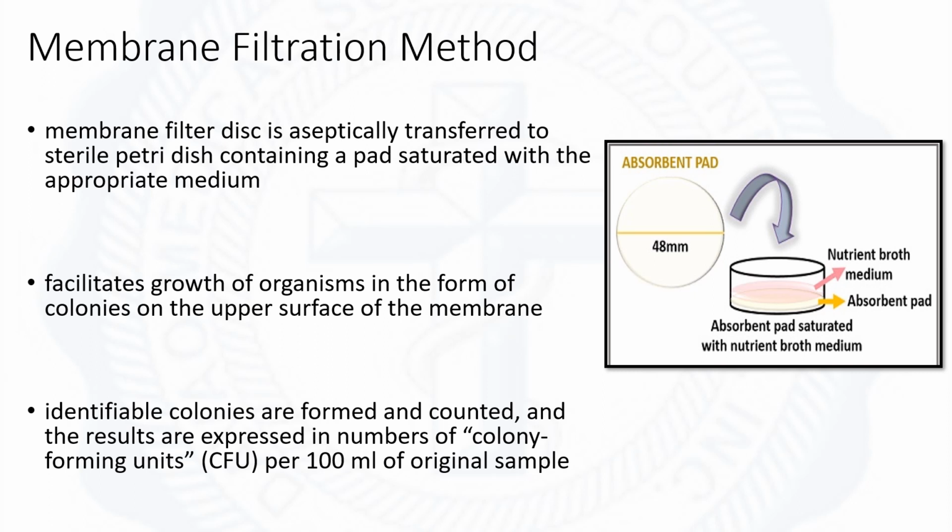The colonies will appear as clumps. Each of these clumps is called a colony forming unit, and the results are expressed as colony forming units per unit volume of water. Discrete colonies thus formed can be easily transferred to a confirmation medium. Following incubation, the colonies present on the filter are counted with the aid of a microscope.